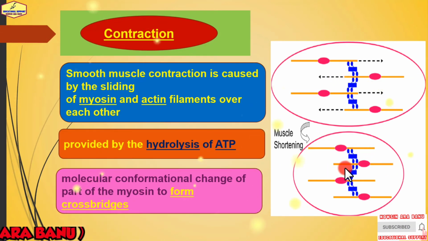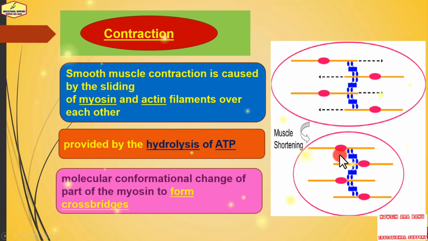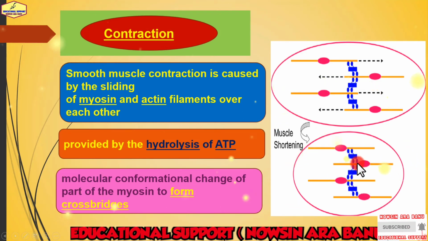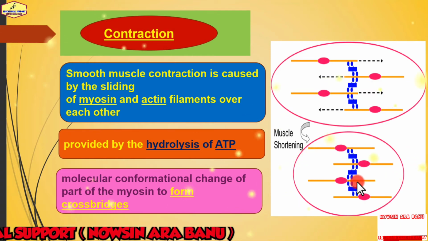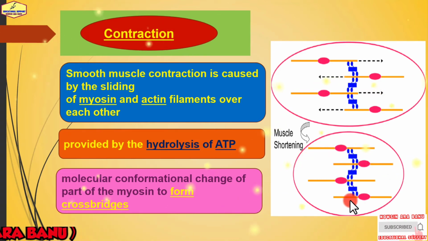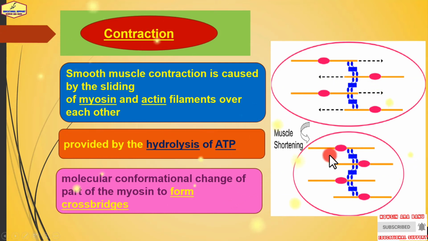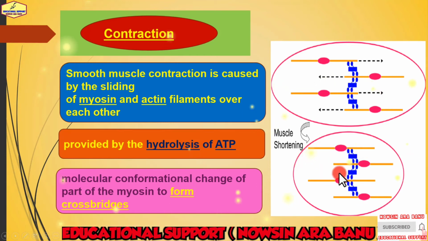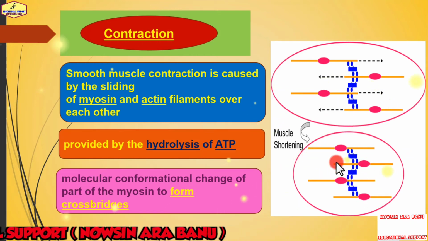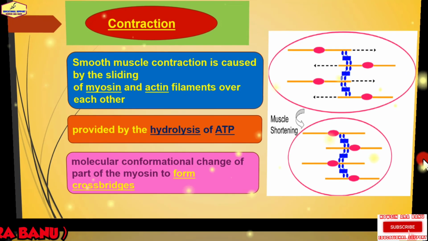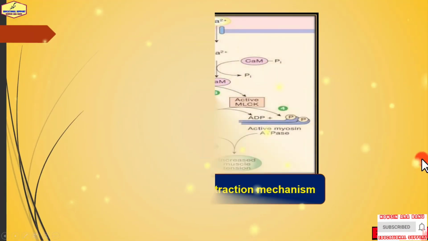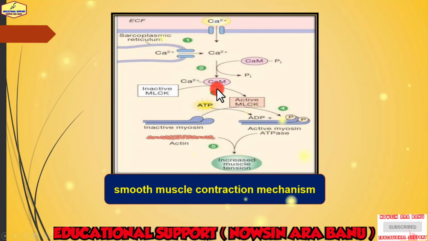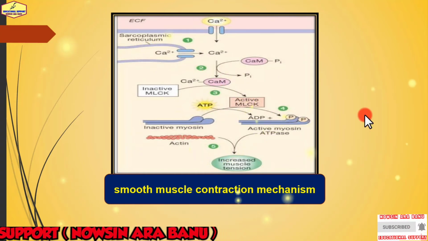The myosin heads tilt and then release the actin filaments, change angle to relocate to another site on the actin filament, and then rebind to the actin molecule and drag it. This process is called the cross bridge cycle. This is a picture of the contraction mechanism in smooth muscle.